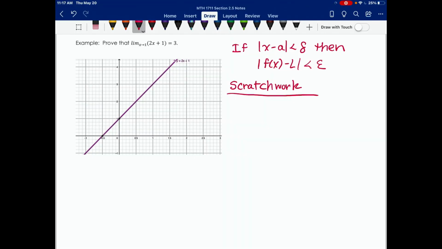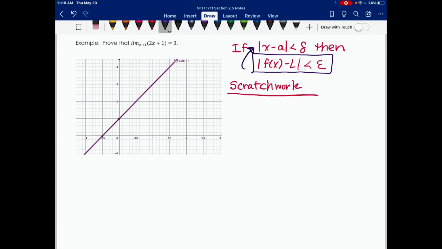You're essentially working backwards to figure out what delta is going to work, so then you can write it up in the correct order in the proof. So we're going to plug in our f of x and our L into this statement here and work backwards to figure out what our delta is.